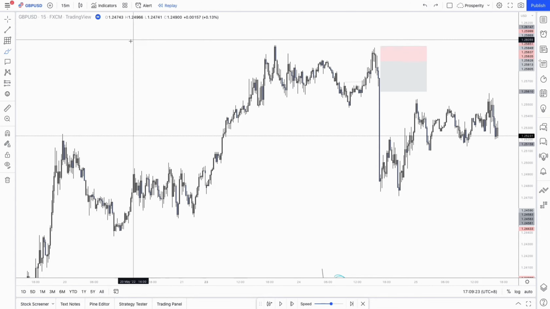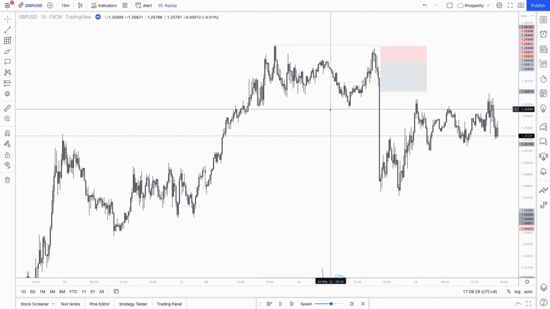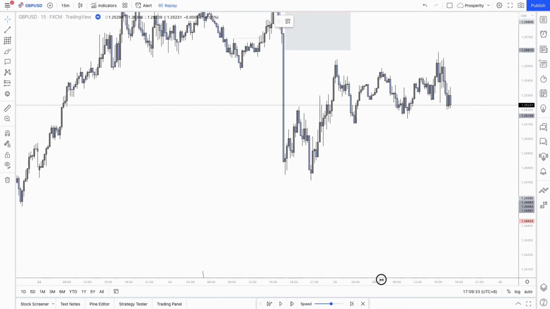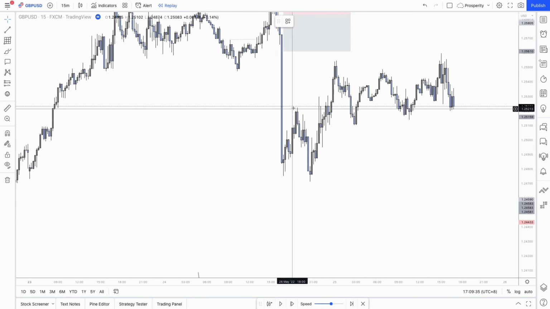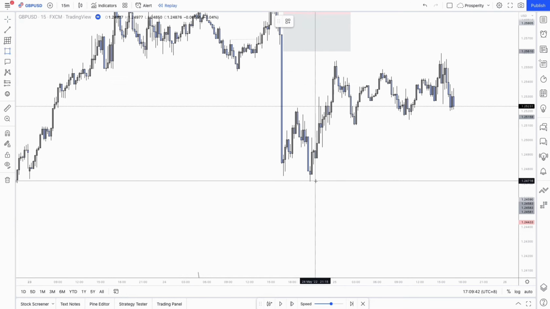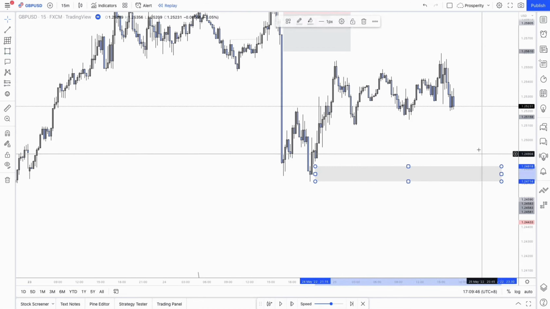So we understand that this level right here is liquid, very liquid, right? This is liquidity. Okay, so where does price change character from? Here, right? Okay, so we have an origin of price. Origin demand. Did this demand meet our criteria? Yes, it did.